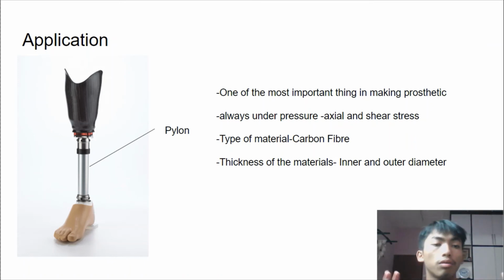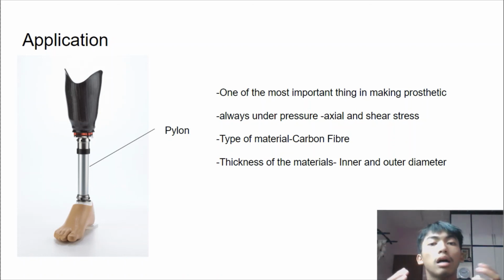One of the materials we think is most suitable is carbon fiber. However, carbon fiber has slightly less strength than stainless steel and other metals like aluminium. However, we can increase the strength by reducing the inner diameter and increasing the outer diameter.